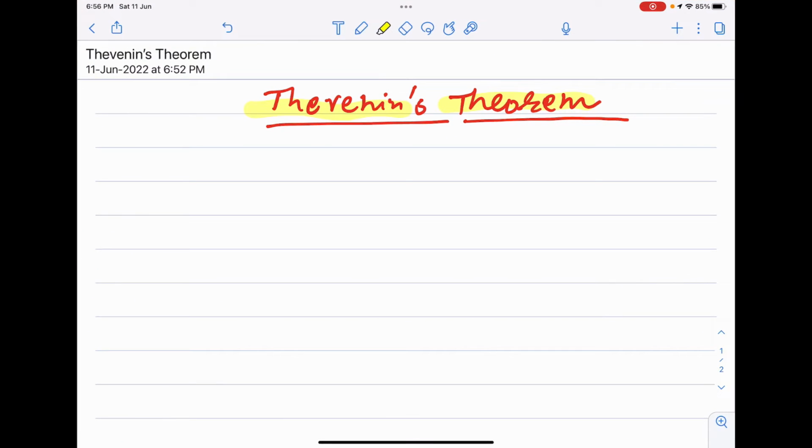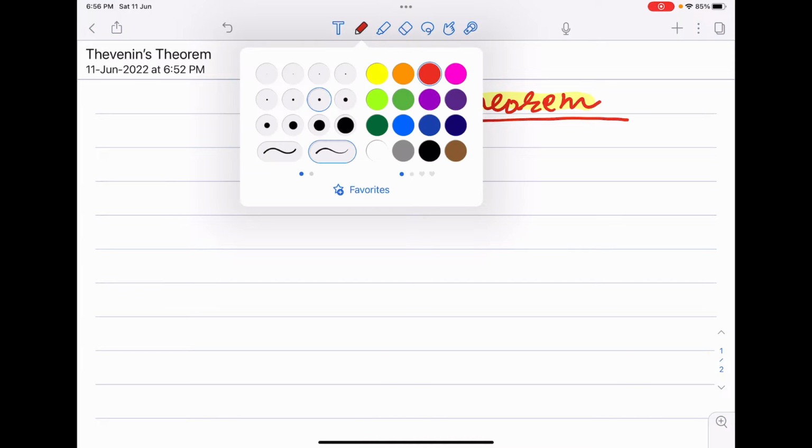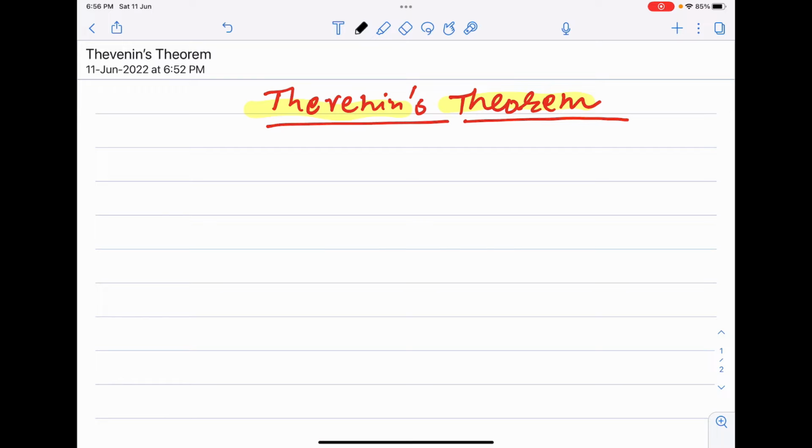So let us understand what we mean by the Thevenin theorem. Thevenin theorem is a theorem which will tell us how to simplify a complex electrical circuit.